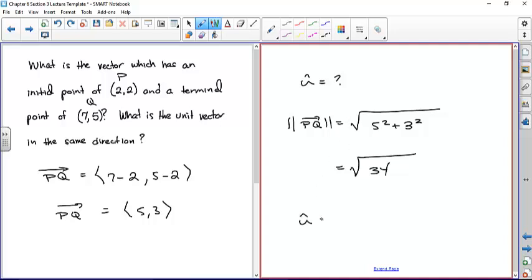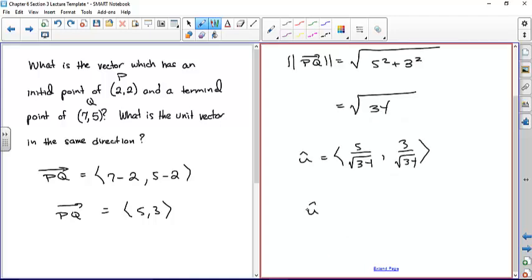So the unit vector u is going to be equal to 5 divided by the square root of 34 and 3 divided by the square root of 34. And again, you would multiply and divide by the square root of 34 to get rid of the square root in the denominator. And so that would be your answer.